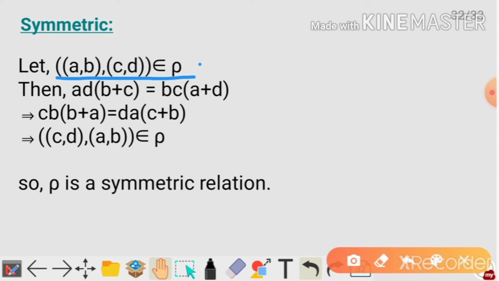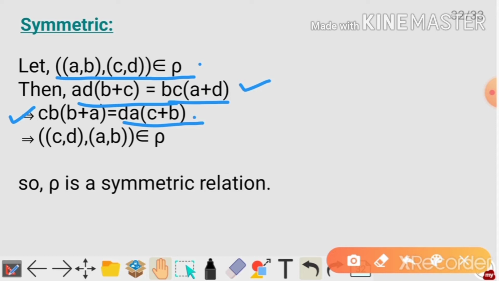As it belongs to rho, it satisfies the given condition: ad(b + c) = bc(a + d). Now we can rewrite this equation like this. There is no problem with that, it's actually the same.